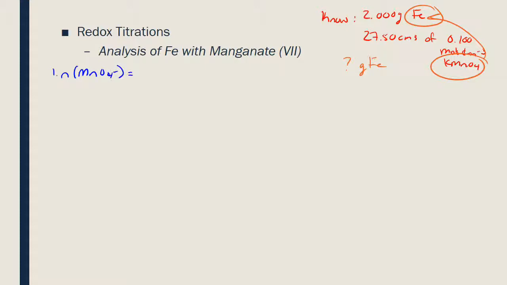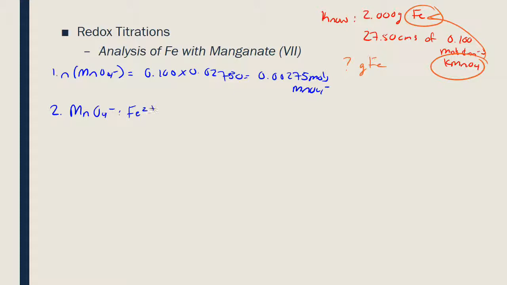We do this through our concentration calculation, concentration times volume, and that's going to give us 0.00275 moles of MnO4- that were reacted during the titration.